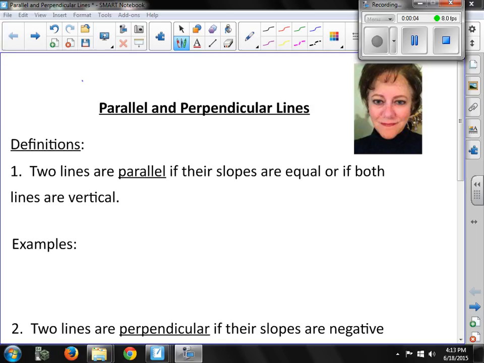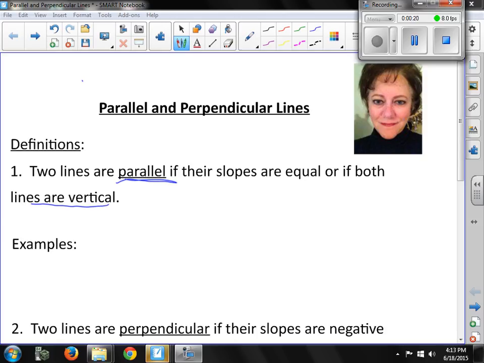Today we're going to talk about parallel and perpendicular lines. Here's a definition. Two lines are said to be parallel if their slopes are the same, or if two lines are vertical.